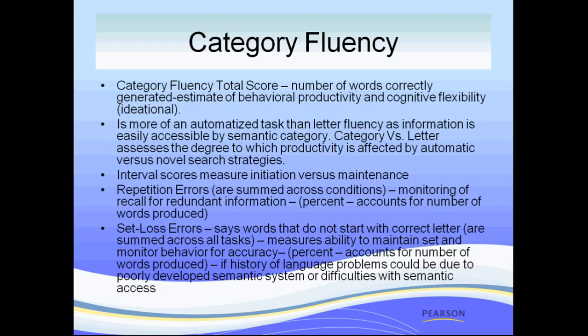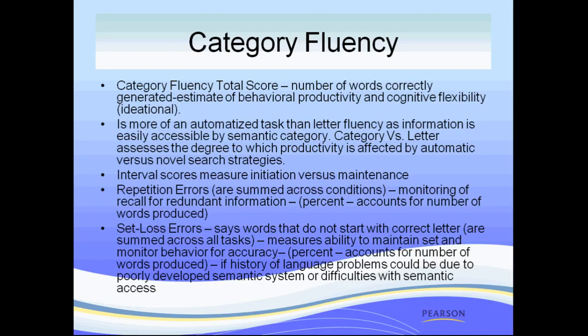It's another way to look at whether the person can go in and get information. It's behavioral productivity, cognitive flexibility, but it's easier than letter fluency. So when the task is novel and challenging versus when the task is easy and automatized, you can compare those two to make a decision about whether this is really an issue with novel information, or just a general problem with getting information out of long-term memory stores, access, and retrieving information.